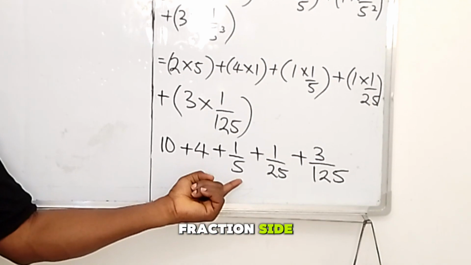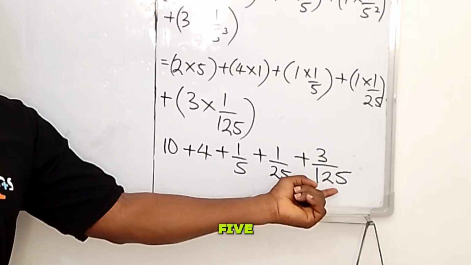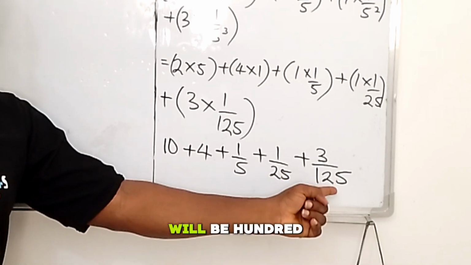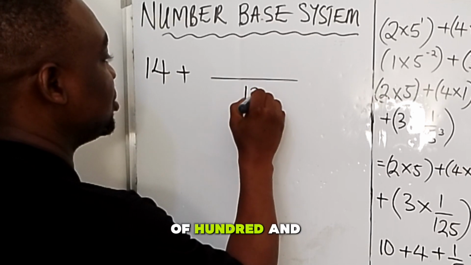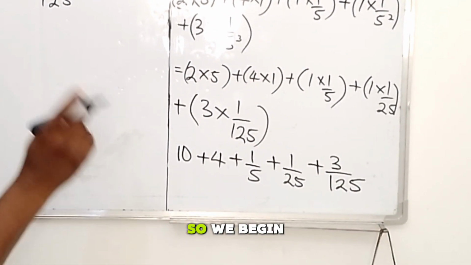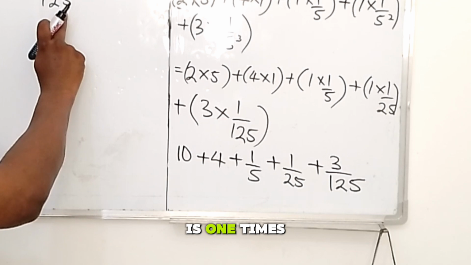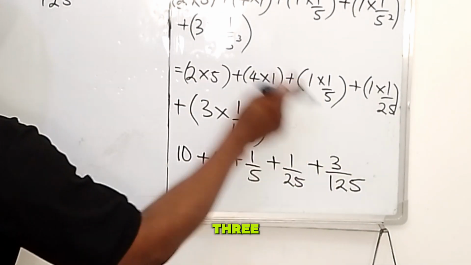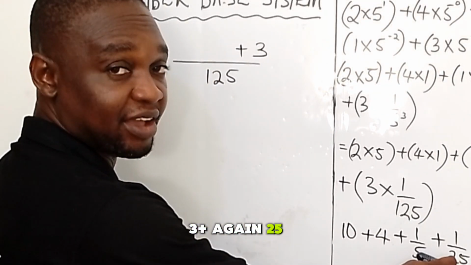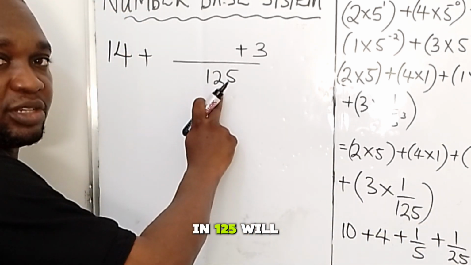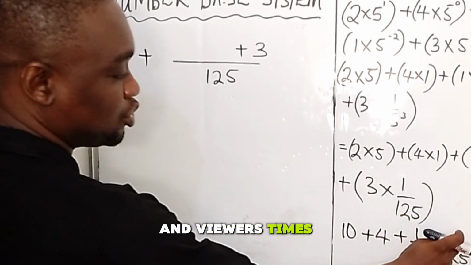But for this fraction side, the denominators are 5, 25, and 125. Surely the LCM will be 125. So we're going to use a common LCM here of 125. So we begin. 125 into 125 is 1 times 3. That will be 3, plus, again, 25 into 125 will be 5, times 1.